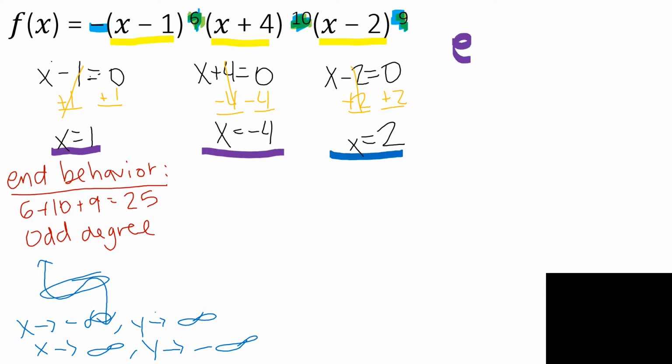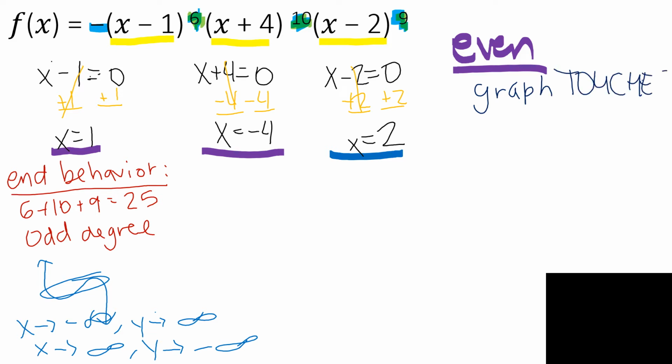So my evens mean that my graph touches at x equals 1 and x equals negative 4.